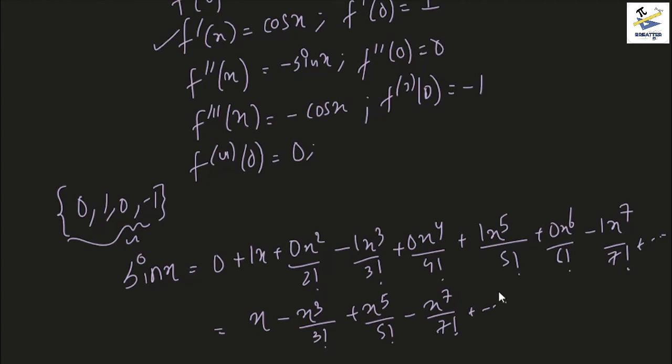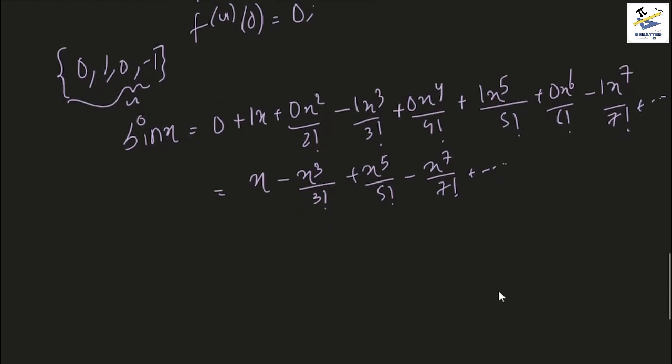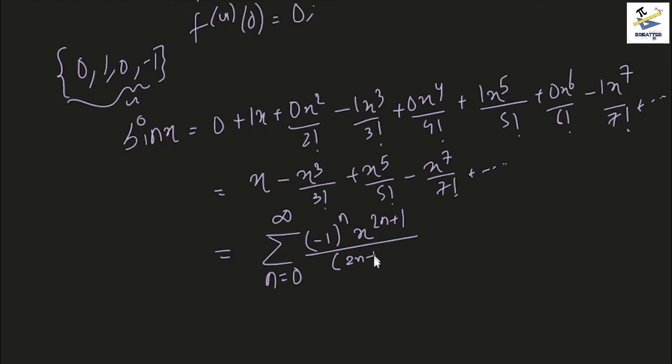So we see only the odd powered x terms remain here, and we can write this as a series as follows: summation n equals 0 to infinity of minus 1 whole to the power n, x to the power 2n plus 1 divided by (2n plus 1) factorial.